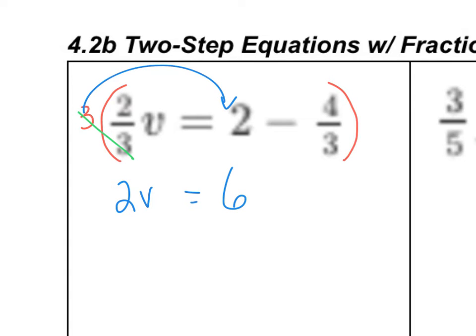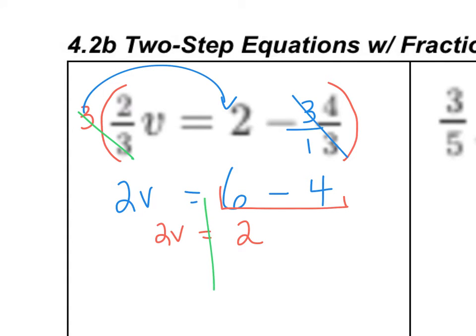And if I multiply this by 3, that will cancel out that 3, which would give me 4. Now look what I have. I have a 6 minus 4, which is 2. And now I have a one-step equation, 2v equals 2.